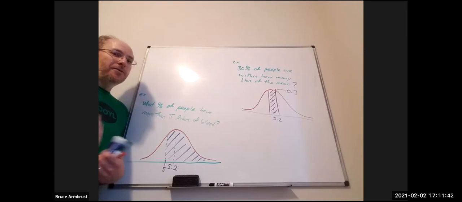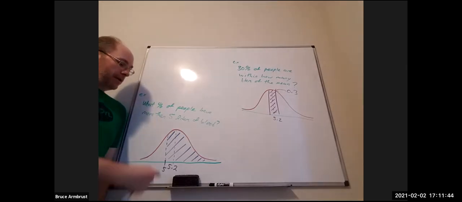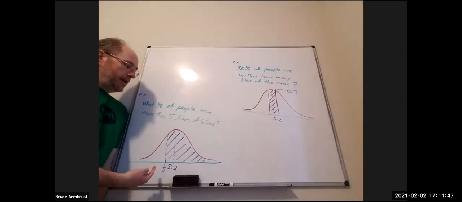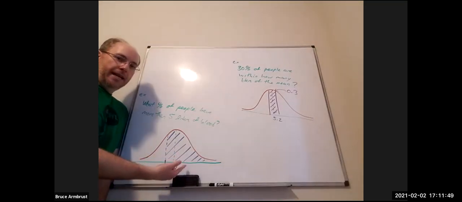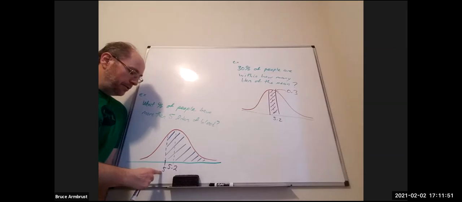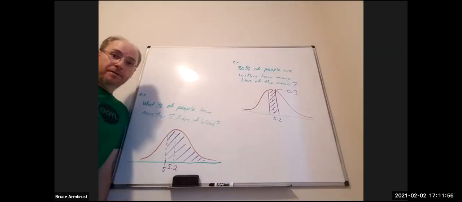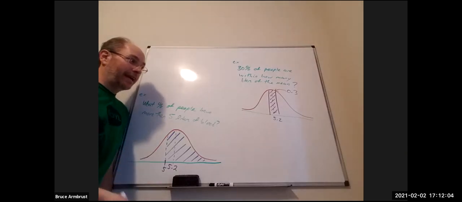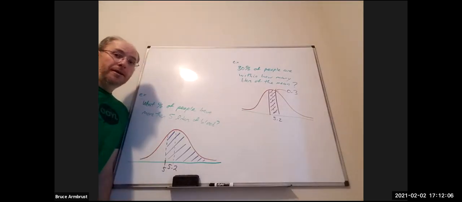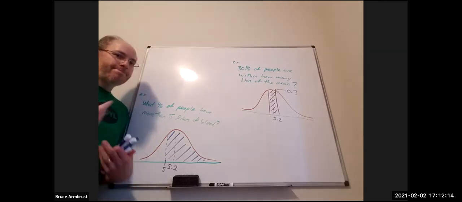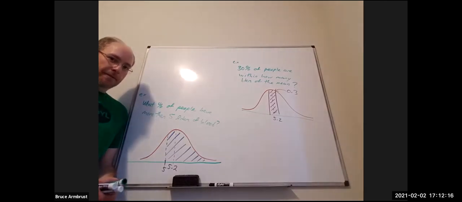All right, so notice that there's a little bit of a difference here. The question I asked before, I didn't know an area, but I knew my X value. This time we're kind of going backwards. Right? We're going backwards here, where I know my area, but I don't know my X value. Okay, so we're going to want to go backwards here.